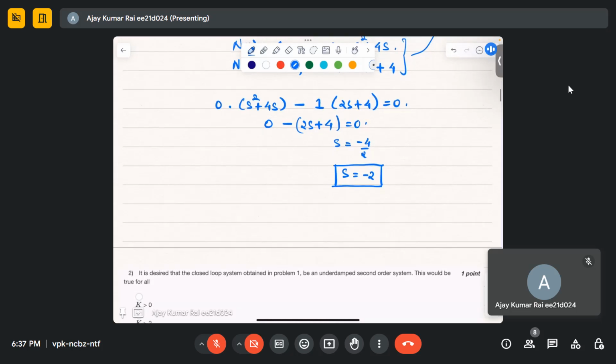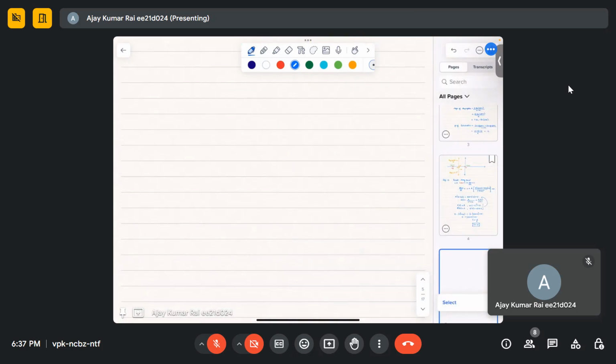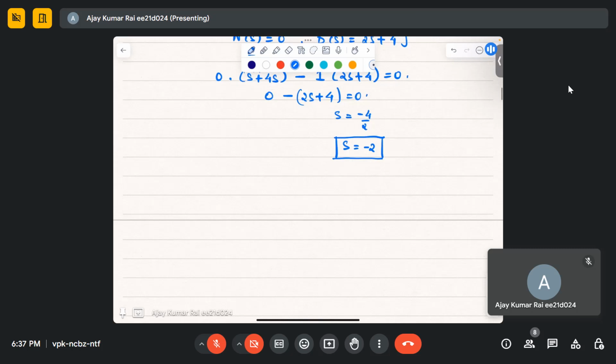Okay, so let me do it. What I am doing is checking whether k is greater than 0 at s equal to minus 2. This is the process.